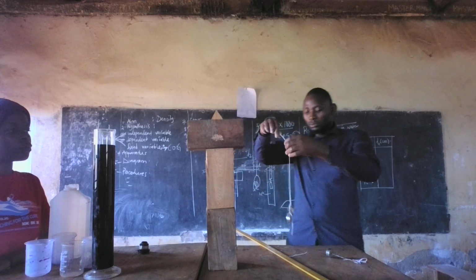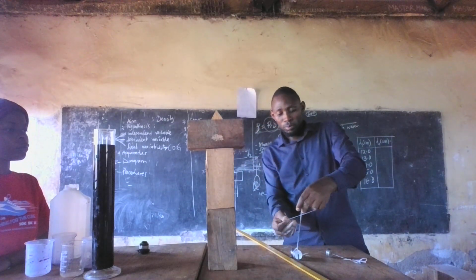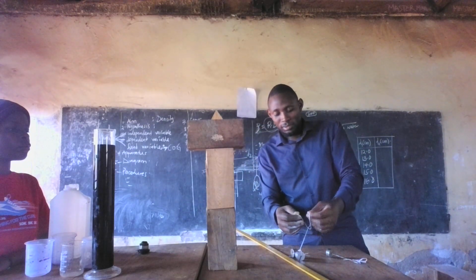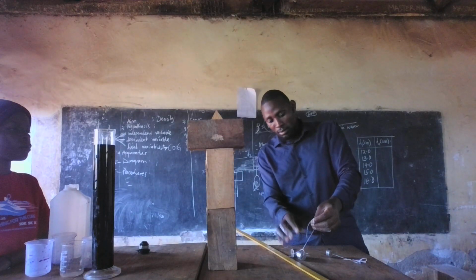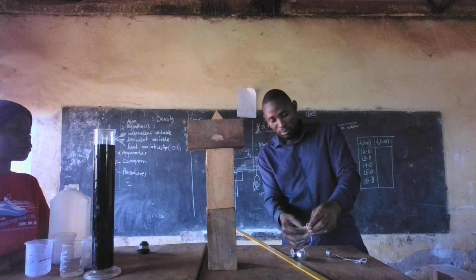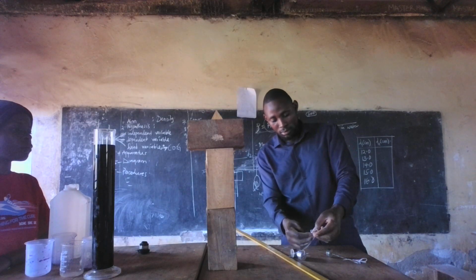Then when I tie them onto the thread, I have to make a loop, which I will be inserting into our ruler so that it can balance.